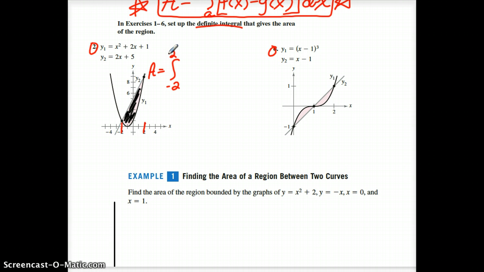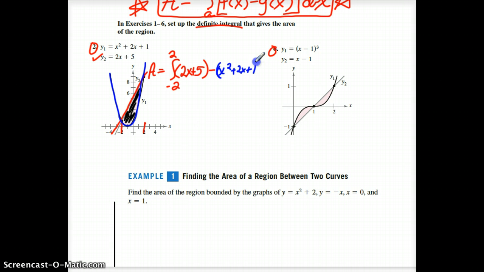First thing I need to do is decide, what's my upper function? Well, it's the linear one, which in this case is y2. So it would be 2x plus 5 is the upper function. Then I subtract the lower function, which in this case is y1, the parabolic function, which would be x squared plus 2x plus 1.